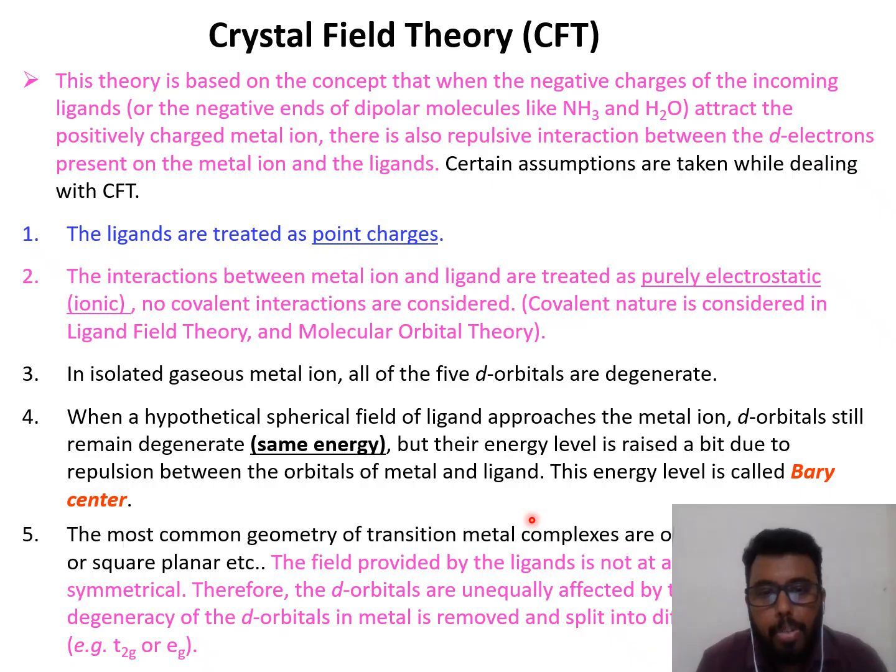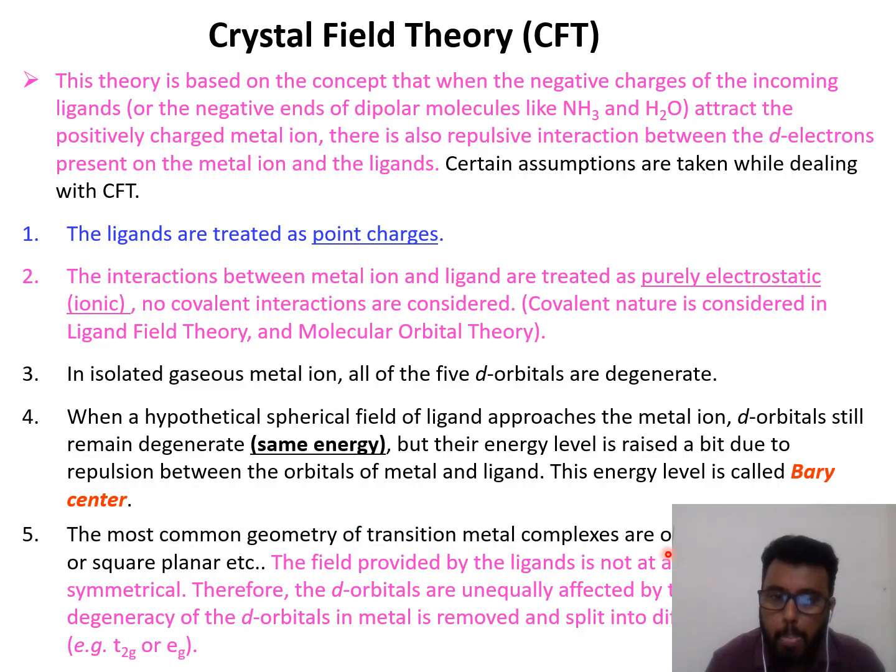When a hypothetical spherical field of ligands approaches the metal ion, the d orbitals still remain degenerate, but their energy level is raised a bit, due to the repulsion between the orbitals of the metal and the ligand. That energy level is called the barycenter. The d orbital energy will be pushed either above or below the barycenter.